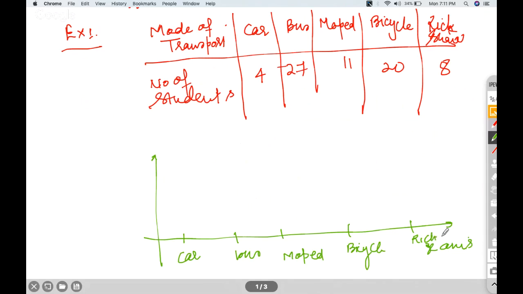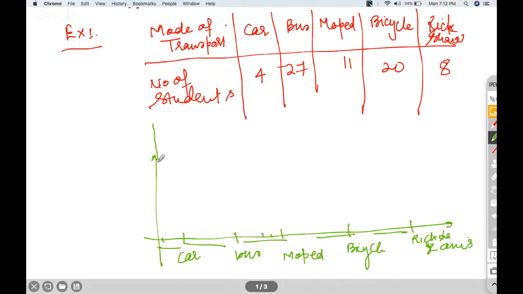When you make this x-axis, make sure that these intervals are equidistant from each other. It should not be that you make car here and rickshaw and bus here, and moped again here. This should be equidistant from each other.